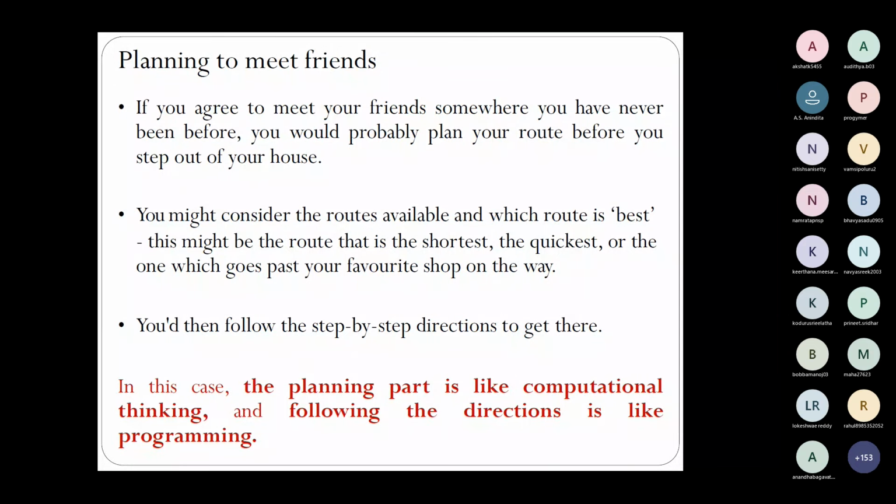There are roads which have huge traffic, which we won't choose. Even though it is very nearby, we may not go through that route because the traffic is so bad. So if my interest is to reach quickly, then I may choose a route that may be a little longer in distance, but I'll reach quickly. So that is my choice.